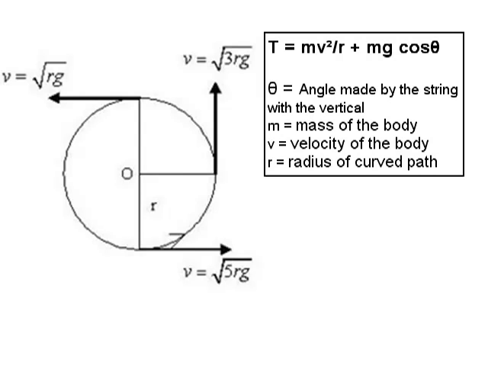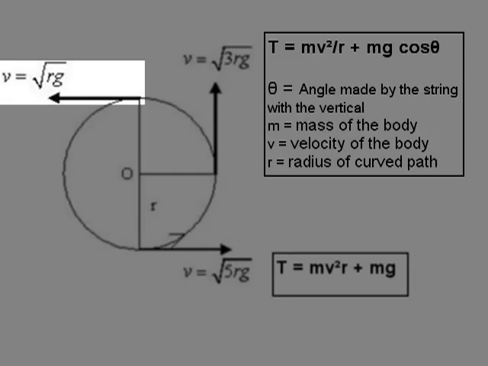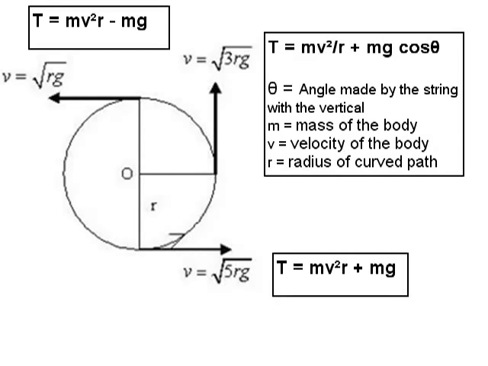By putting different values of theta in this formula, we get the maximum tension, which is at the bottom when theta is 0, as mv square upon r plus mg. When the body is at the top, theta is 180, cos theta is minus 1, so tension is mv square upon r minus mg.